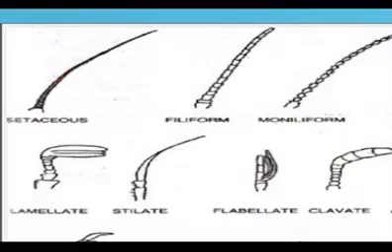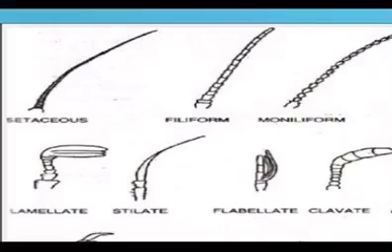Next is filiform antenna. Filiform antenna, as you can see, all the annuli of the flagellum are of equal size and shape. This type of antenna occurs in Blattidae, that is in cockroaches.